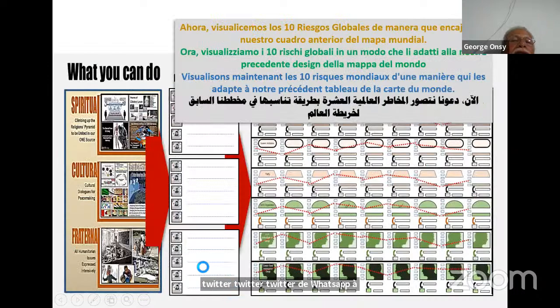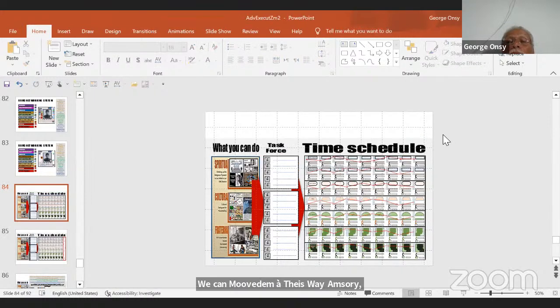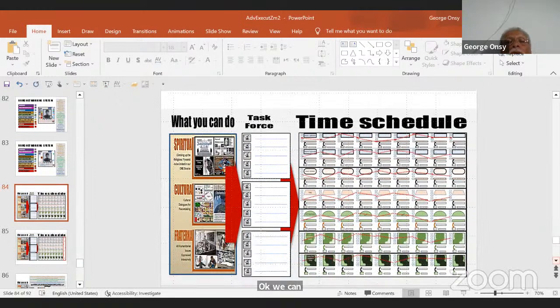And then when we collect all this, you see this is a reduced form. We can move them this way. I'm sorry. Let me. Okay, we can move them so that it can fit in any of these levels of the networking system, okay?